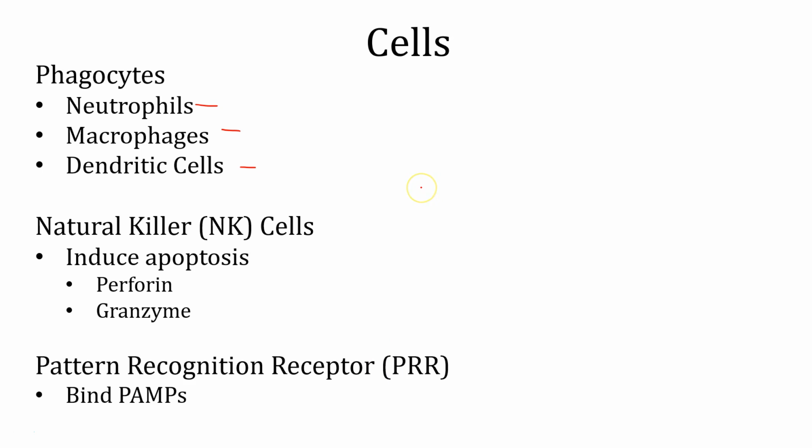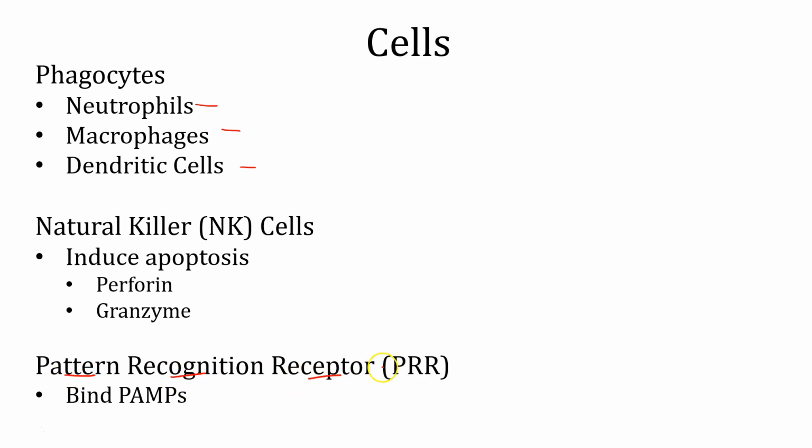And furthermore, you might say, wait, I thought the innate immune system was the part of the immune system in the body that doesn't recognize specifically pathogens. And here's kind of where the big exception is. On these cells, there's what's known as a pattern recognition receptor.